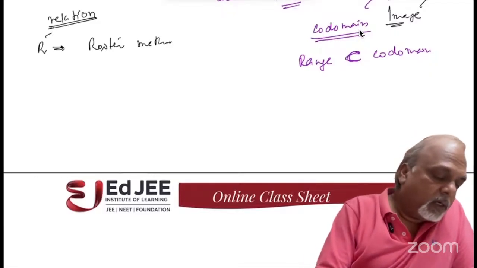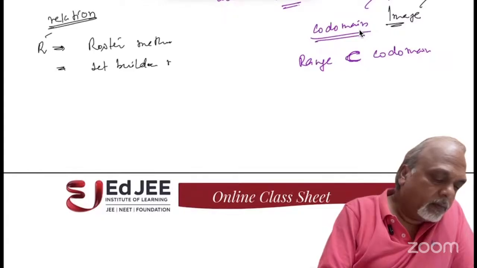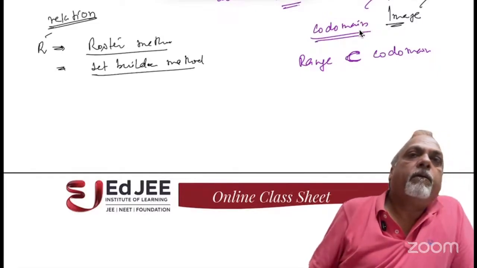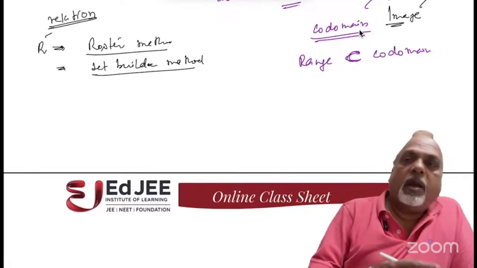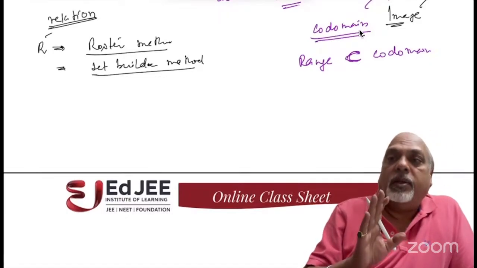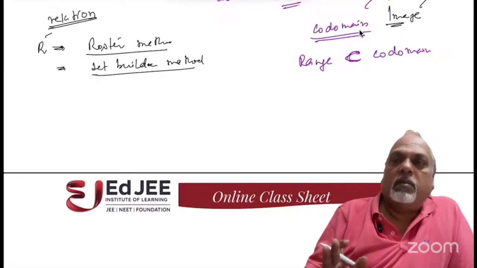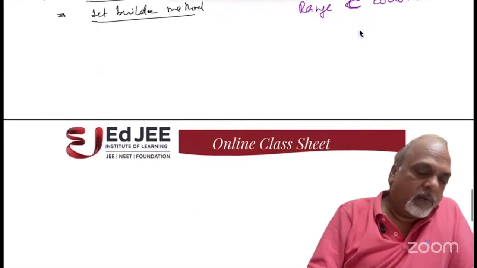This relation R can be represented by the roster method and also the set builder method. And your arrow diagram is nothing but the visual representation of the relation. Correct? Now, it will be clear with some examples.